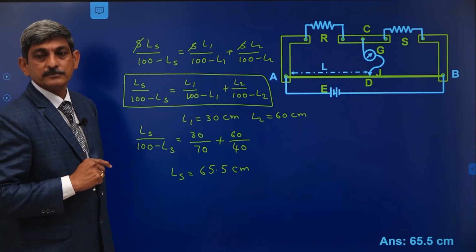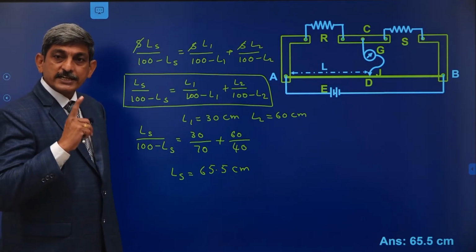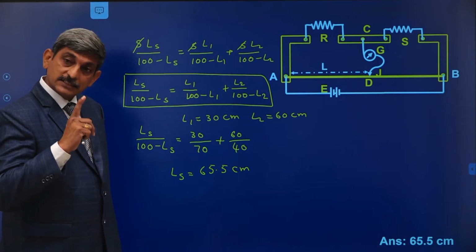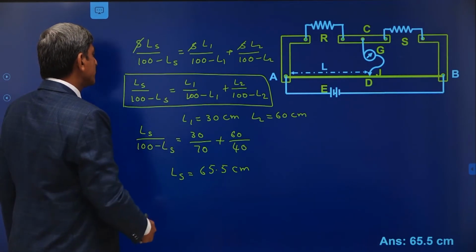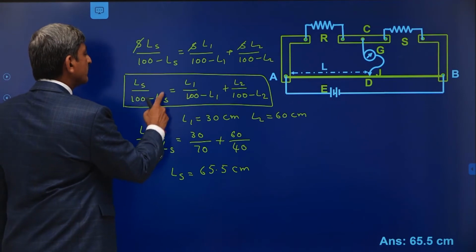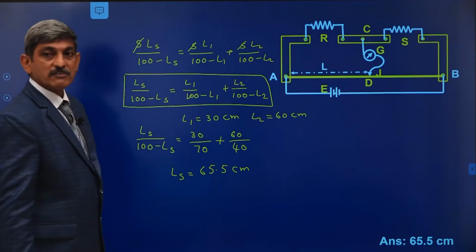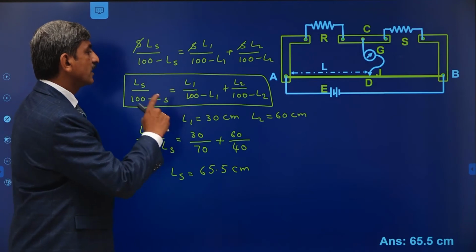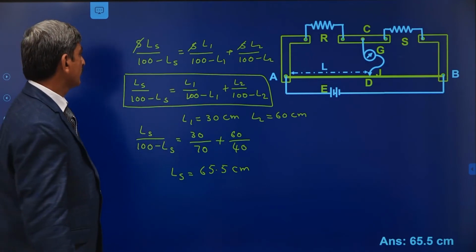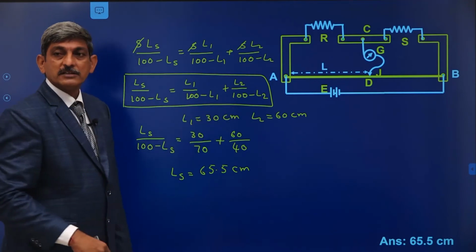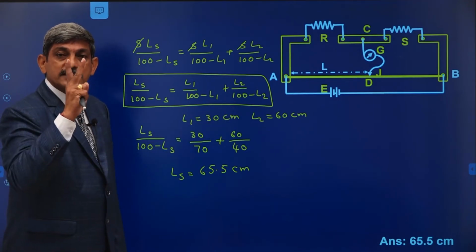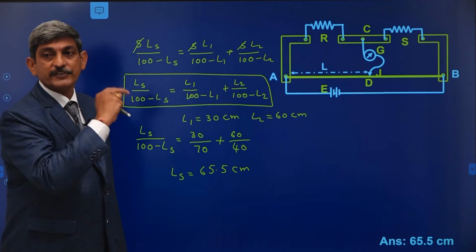So here L1 and L2 are the balancing lengths when two wires are separately connected in the left gap. If the two wires are connected in series in the left gap, the balancing length in the new case is given by LS by 100 minus LS is equal to L1 by 100 minus L1 plus L2 by 100 minus L2. Right? Sometimes the same problem may be given by connecting the two wires parallel to one another in the left gap.